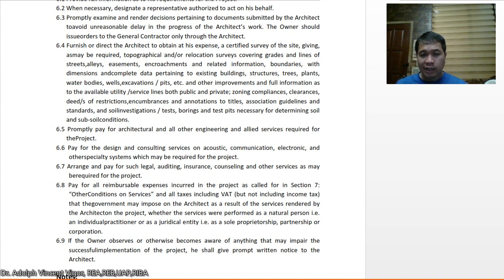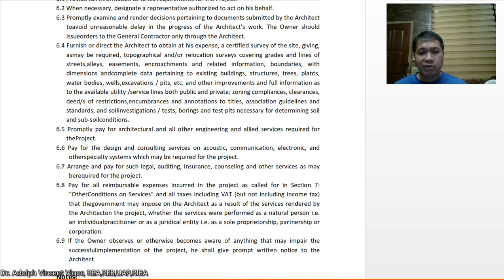So remember, guys, that when you provide the service to your client, you may act as a natural person, meaning you're acting as the individual architect for the project, or you represent your firm or your business, so it's a juridical entity.